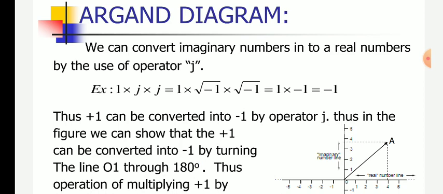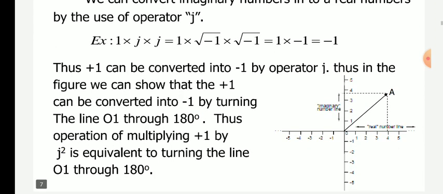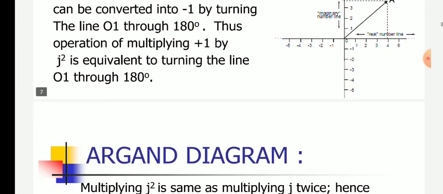In the figure we can show that plus 1 can be converted into minus 1 by turning the line 0 1 through 180 degrees. Thus the operation of multiplying plus 1 by j squared is equivalent to turning the line 0 1 through 180 degrees.